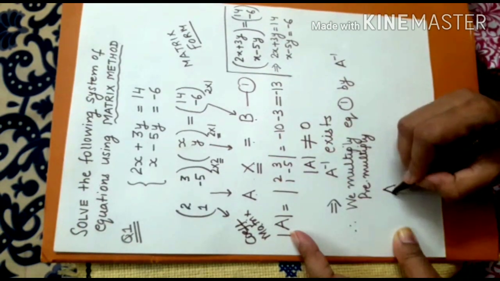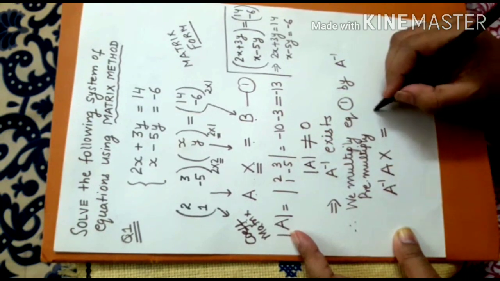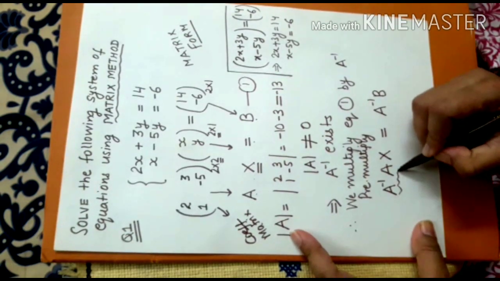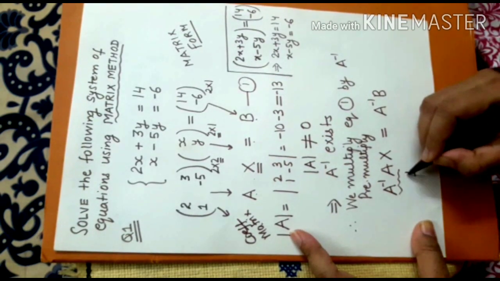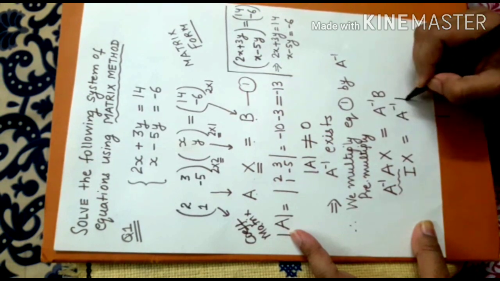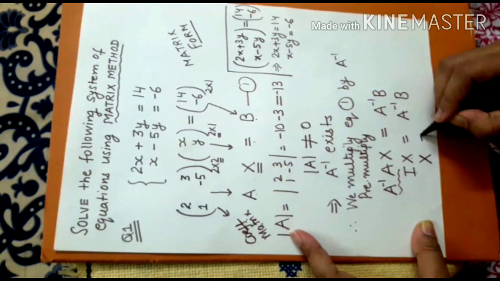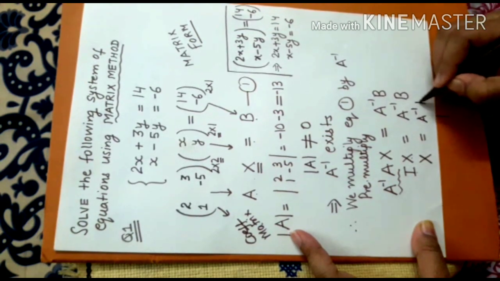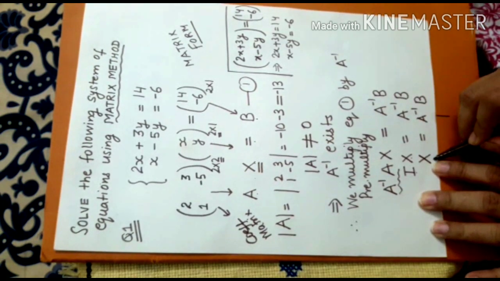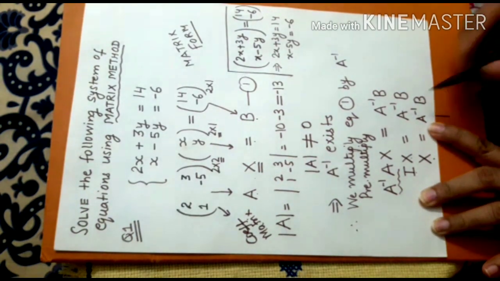So I'll get A inverse AX equals A inverse B. Now A inverse A will give you I, the identity matrix. I into X will give you X, which equals A inverse B. So the solution matrix X will be given by A inverse B.